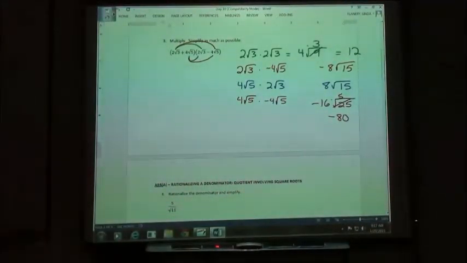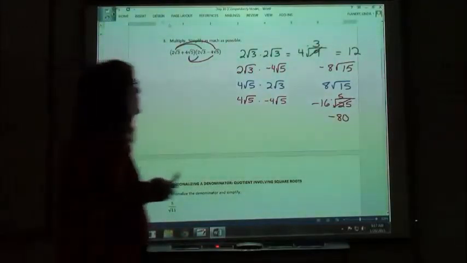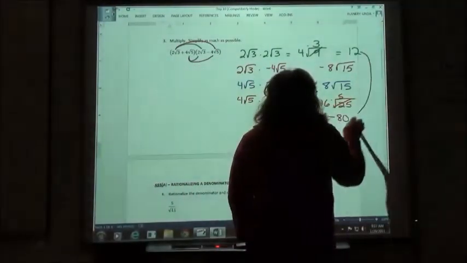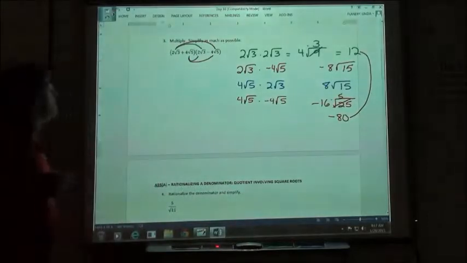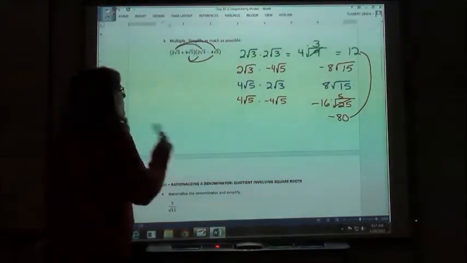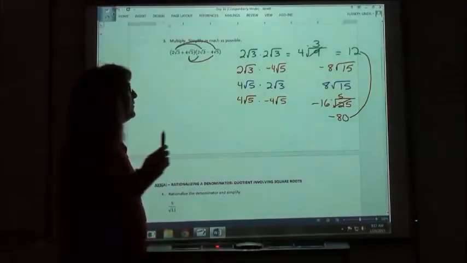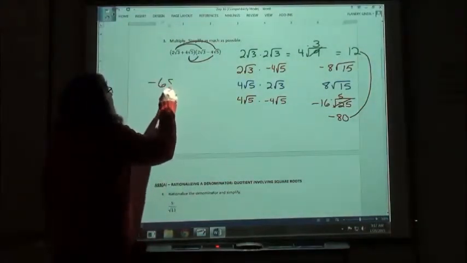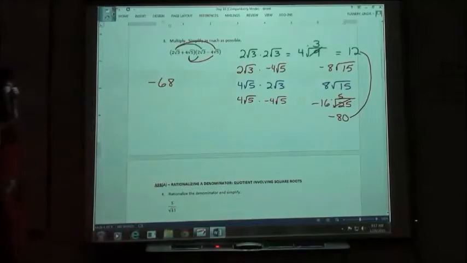So on this one again, we've got some like terms to combine. What can we do? We can do the 12 and the 80. 12 minus 80 gives me 68. What's my sign? Negative. Negative 68. And what happens when I do the negative 8 square root of 15 and the 8 square root of 15?